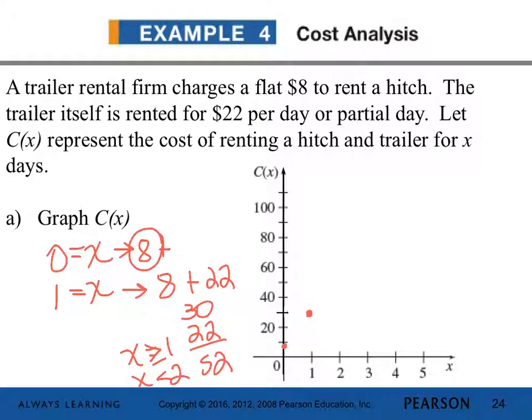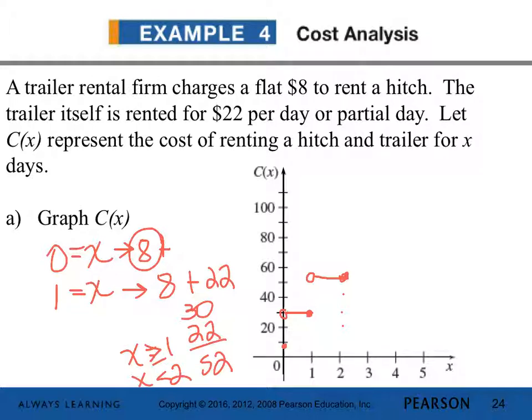So once you've rented your hitch, this is your actual cost on the first day, and that would be an open circle. On your second day, you jump up $22 more to $52, and that would also be another open circle. So all of that day, by the end of the day, is going to be $52.